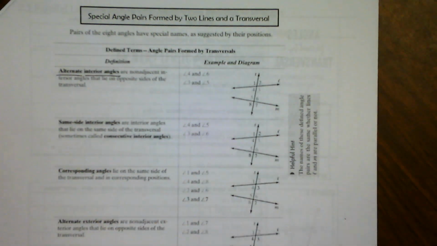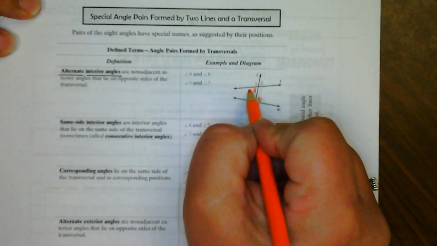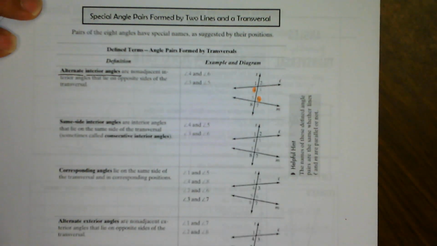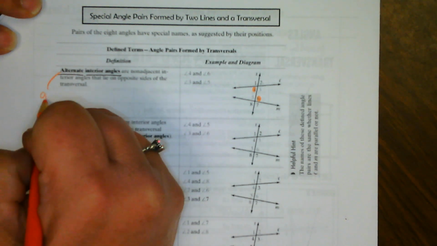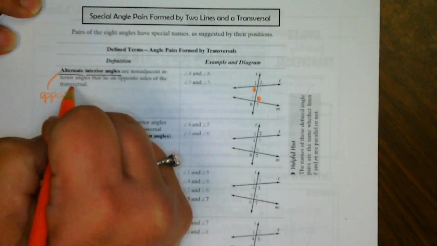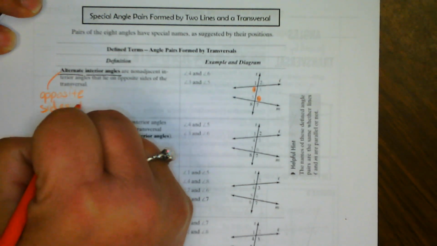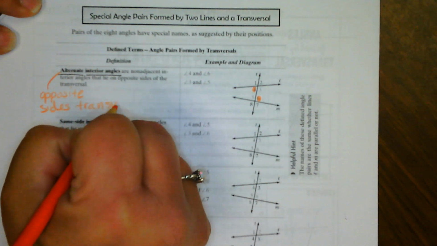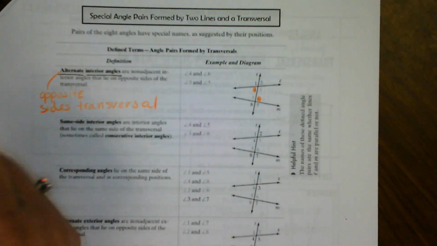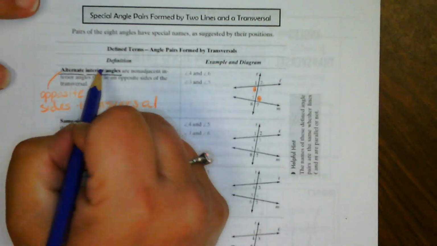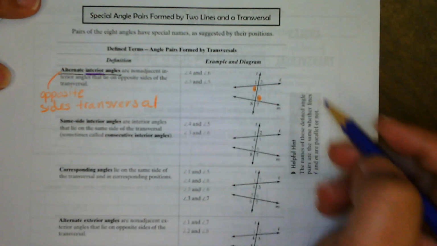The alternate interior angles are on opposite sides of the transversal. So that's one thing: alternate means opposite sides of the transversal. And then interior means between the two lines that are being crossed, right?